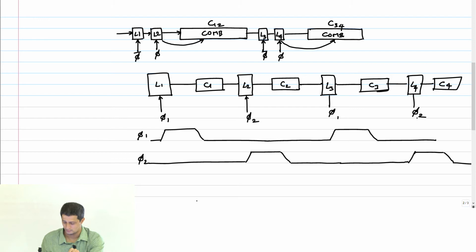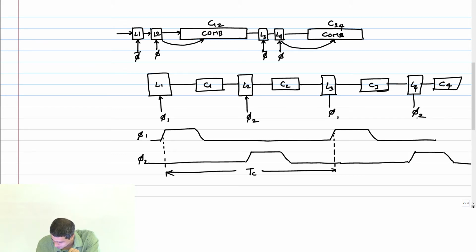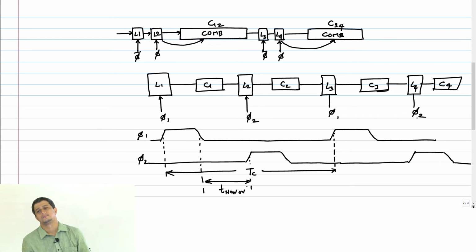What is the clock period? It's basically from the rising edge of phi 1 to the next rising edge of phi 1. This is Tc. And this period is the T non-overlap, obviously, because the clocks are not overlapping there.